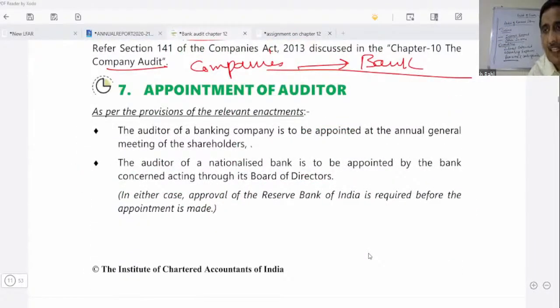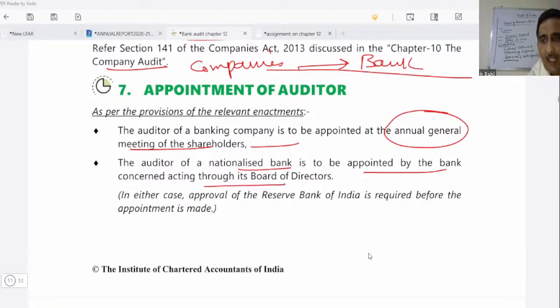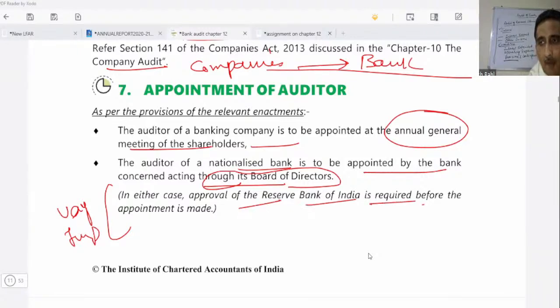Auditor of a banking company is appointed at AGM of shareholders, and the auditor of a nationalized bank is appointed by the bank concerned through its board of directors. In both cases, here it is very important, approval of RBI is required before the appointment is made.